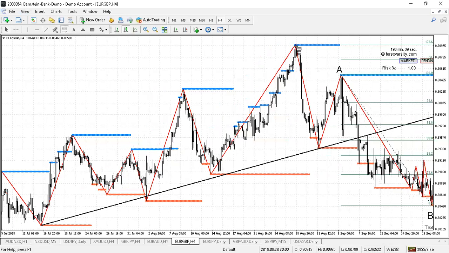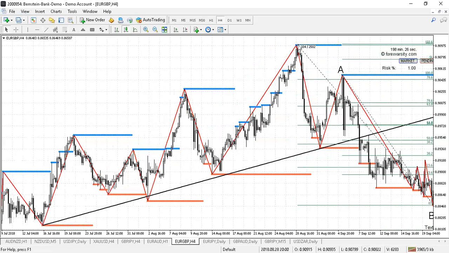But as I'm drawing my Fib, what would happen if I drew a Fibonacci from here down to the bottom? Okay, so what sticks out for me is when I do that, I've gone from the previous high instead of this point, and I've drawn right down to the end of B here.